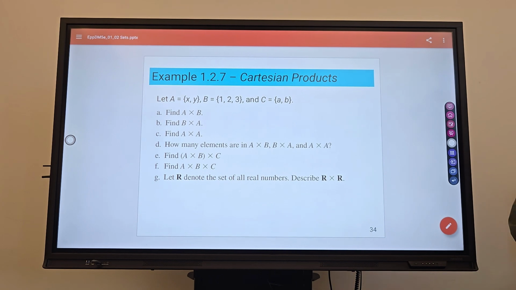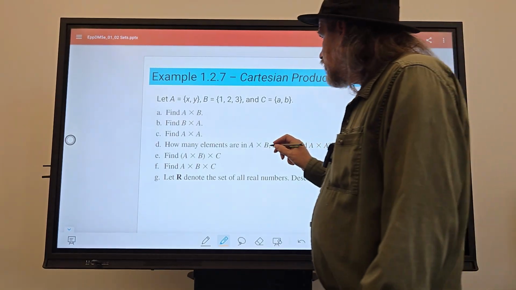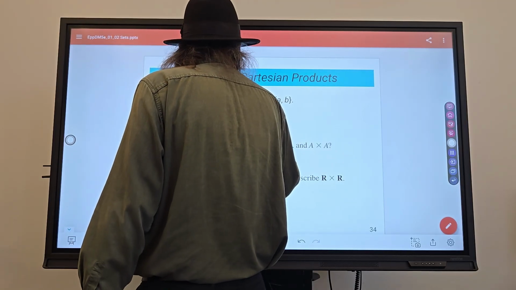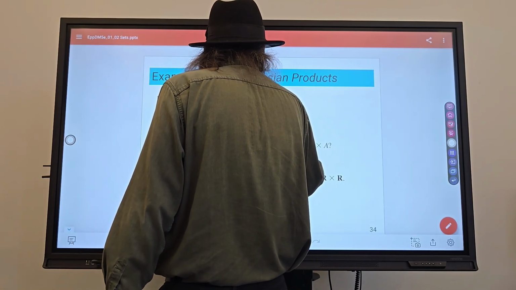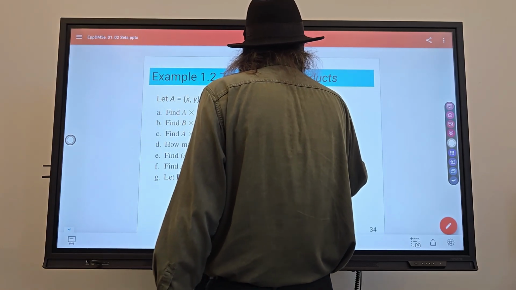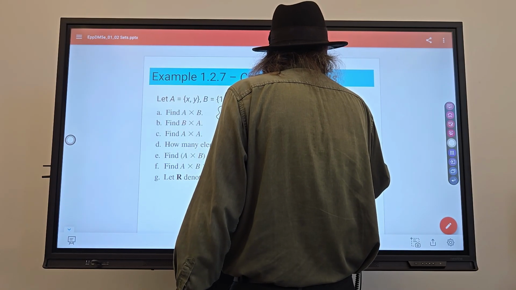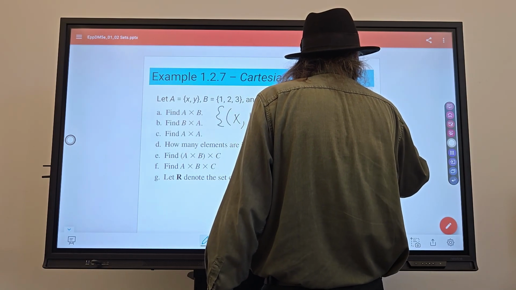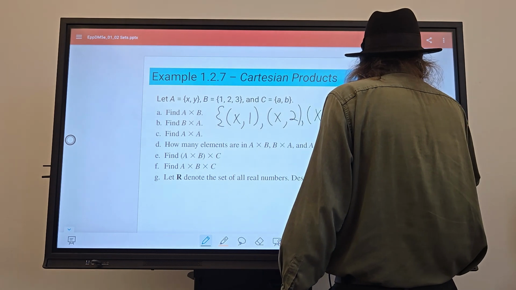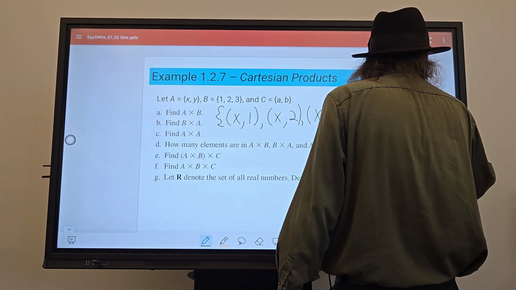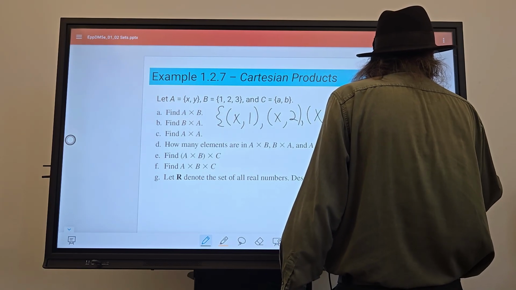So here would be curly brace, x1, x2, x3, y1, y2, and y3, close curly brace.